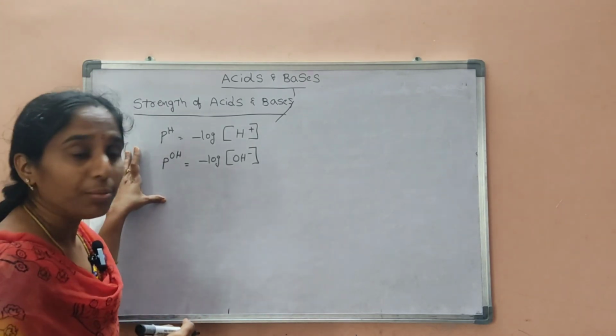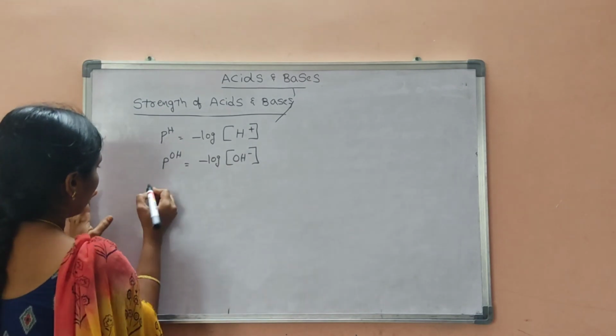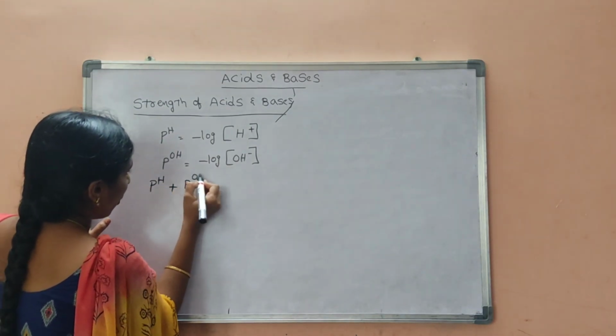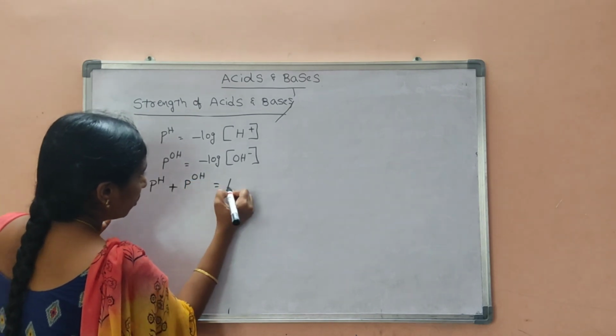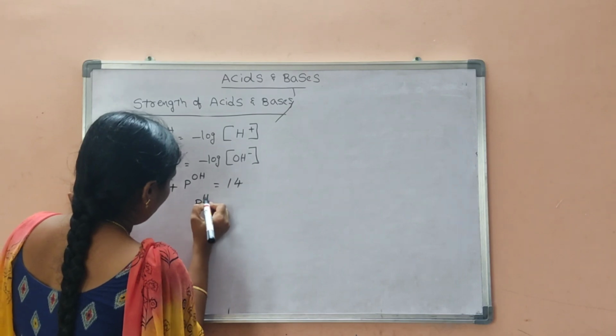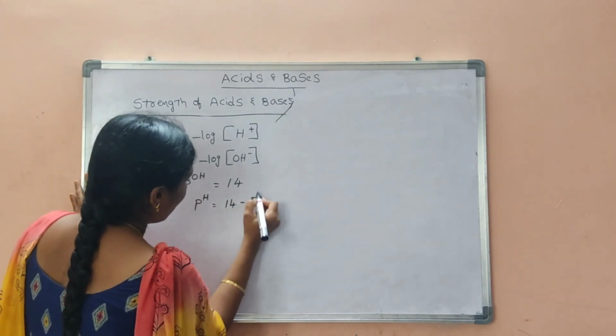What is the relationship between pH and pOH? pH plus pOH equals 14. pH equals 14 minus pOH.